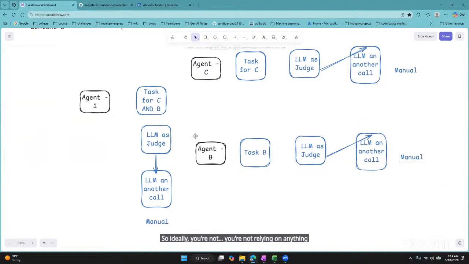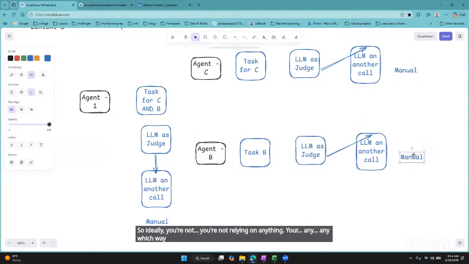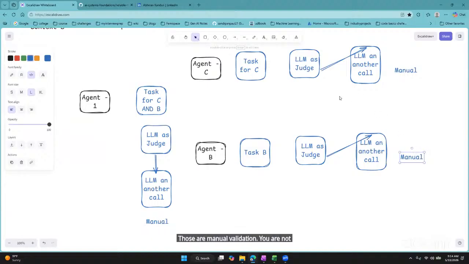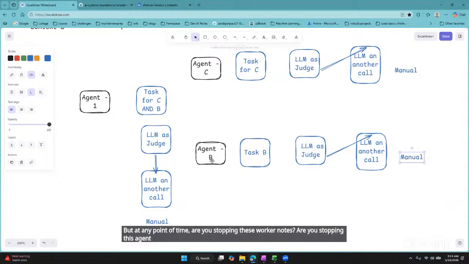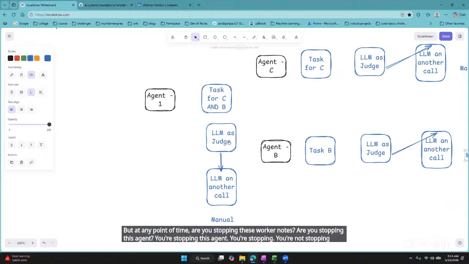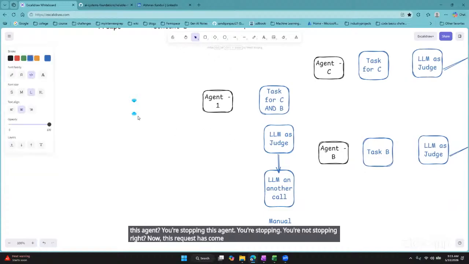Any which way you are trying to do some manual validation. You are not coming to a conclusion on its own. But at any point of time, are you stopping these worker nodes? Are you stopping this agent? You're not stopping, right? Now this request has come from one user. Let us assume.